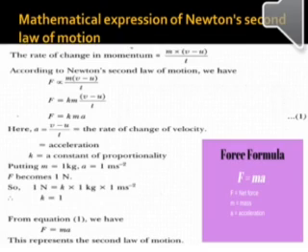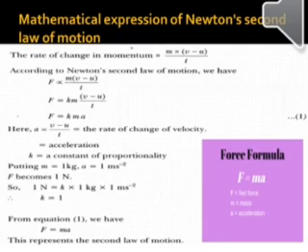It is unity. When we consider k equal to 1, the above expression becomes F is equal to 1 into ma, which is ma. This represents the second law of motion, and it also defines 1 Newton of force.